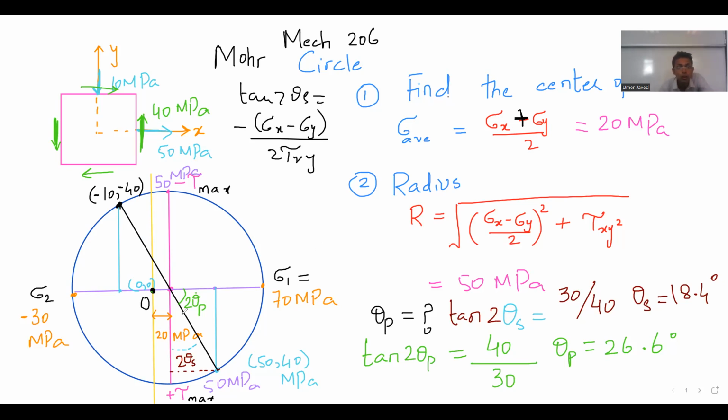Why? Because look, from this black line you are going clockwise, right? So your formula tells you that you have to go clockwise 18.4 to find the plane of maximum shear stress. And we are also finding the same thing, that we have to go 18.4 degrees in the clockwise sense to get this.